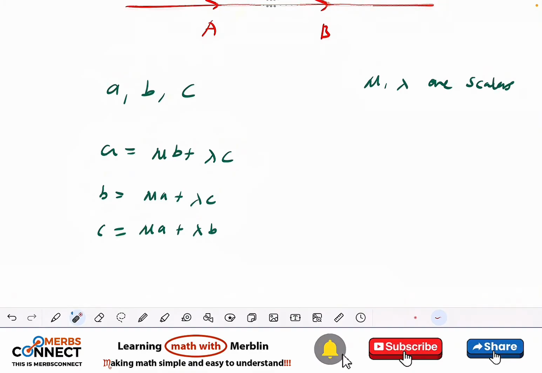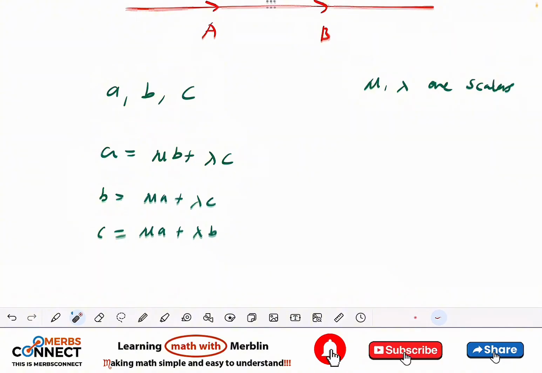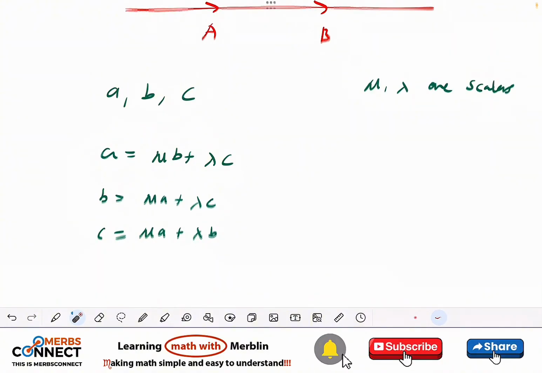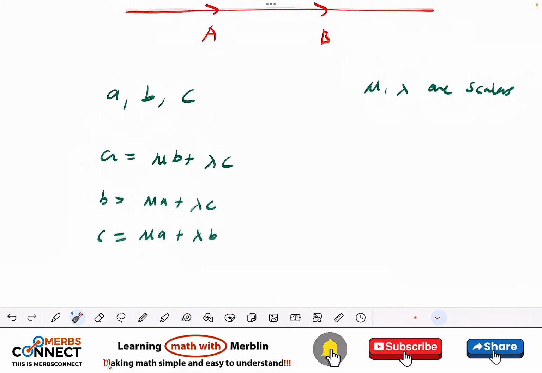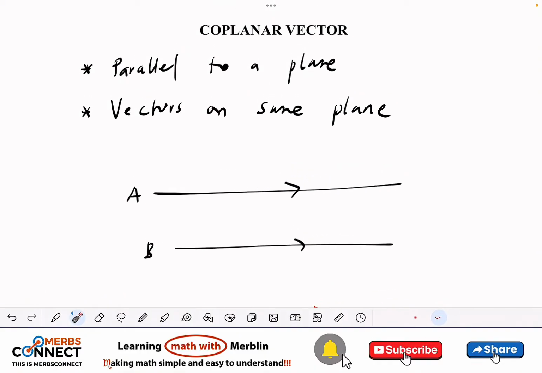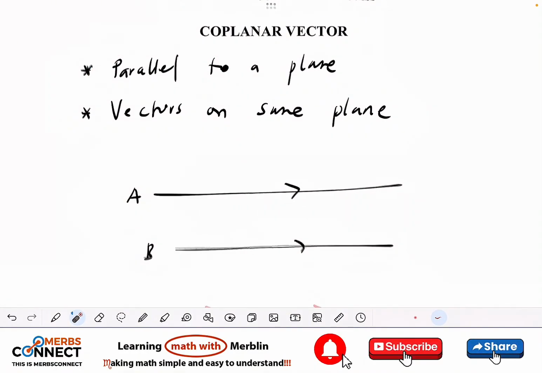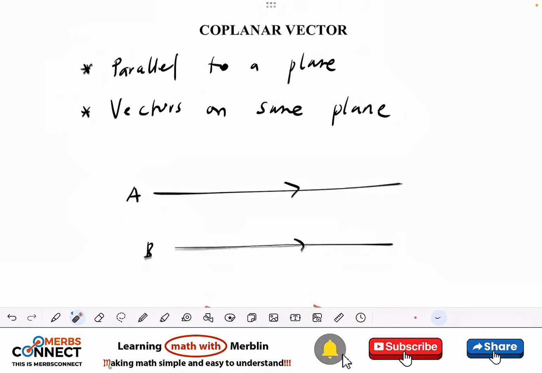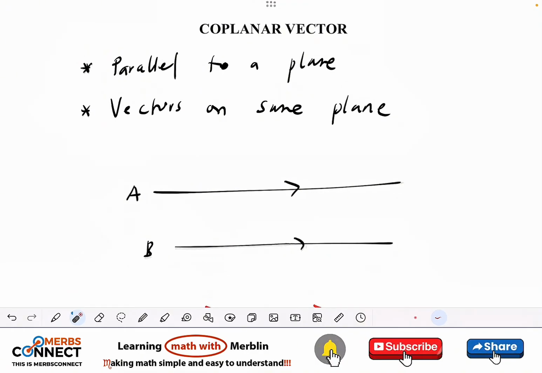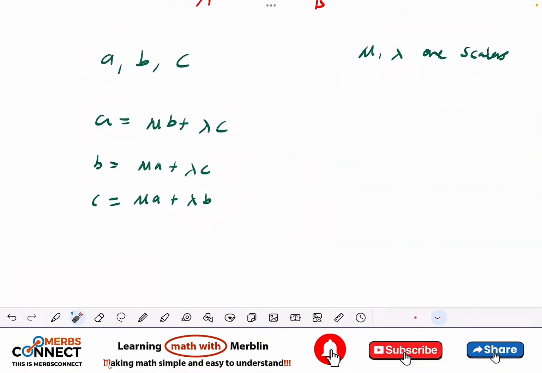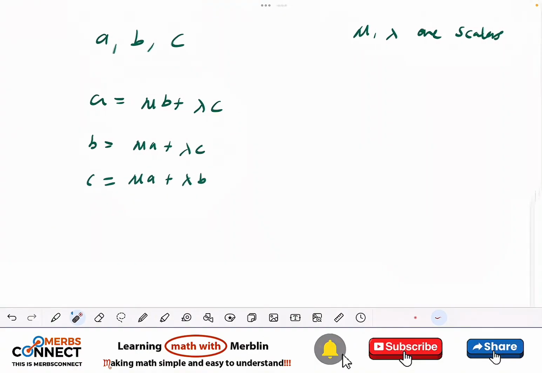So whenever we have three vectors that are coplanar, then we can write it as a linear combination. That is what we just need to know. The key words that we need to learn from here are: they are on the same plane, or they are parallel to the plane. Good, so that is coplanar.